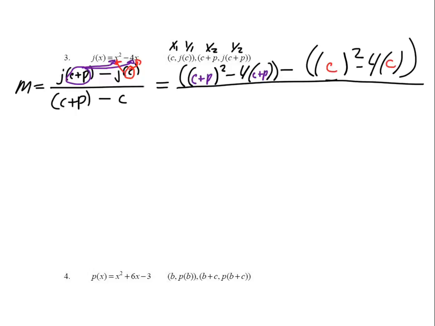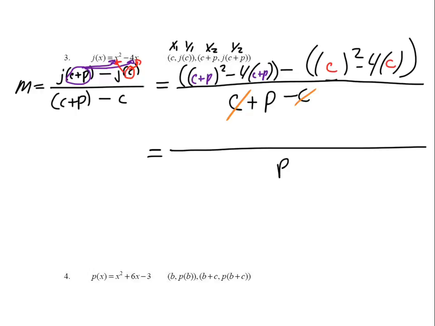Really, instead of having x squared minus 4x, I've got c squared minus 4c. And this is all over c plus p minus c. Again, I write that, and you probably have already canceled it. That's totally fine too. So c's are gone. So everything is all over p.